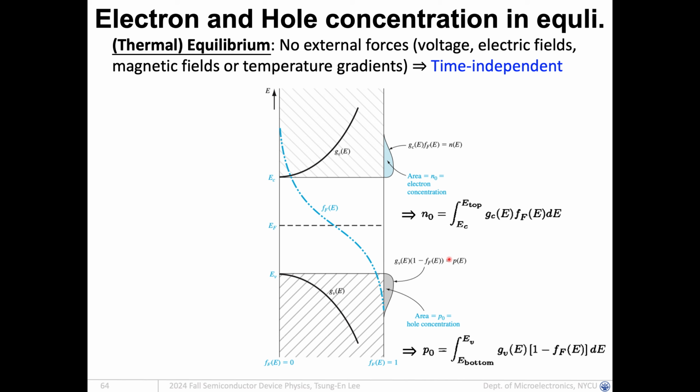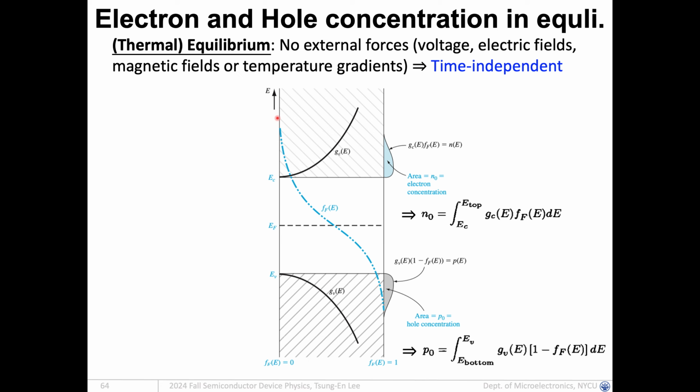So when we try to plot the density of states and the Fermi distribution, we already know that the density of states in the conduction band is proportional to the square root of energy. So the curve looks like this. And the Fermi-Dirac distribution is 1 over 1 plus the exponential.